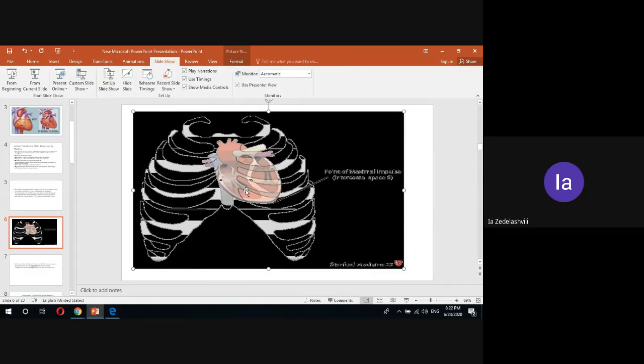Where is it? It begins in the middle where the sternum is. Do you know what the sternum is? The chest bone. Behind the chest bone it begins, and slightly goes to the left side. Sometimes we have right cardio position.